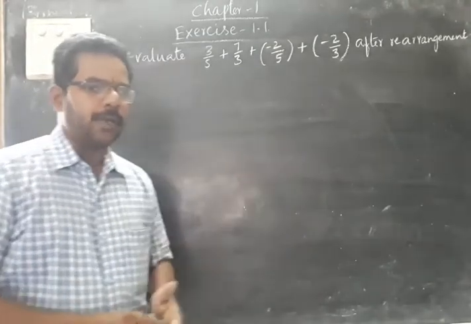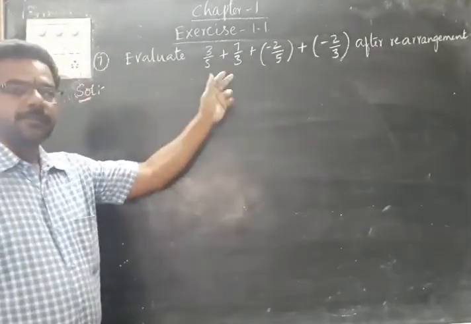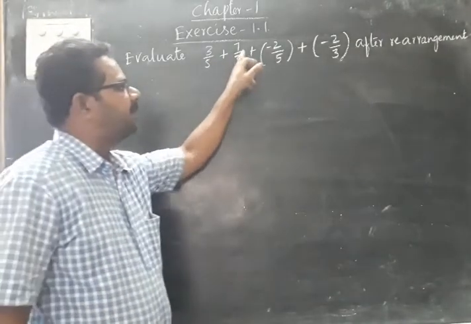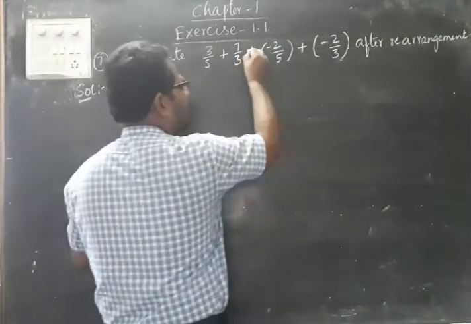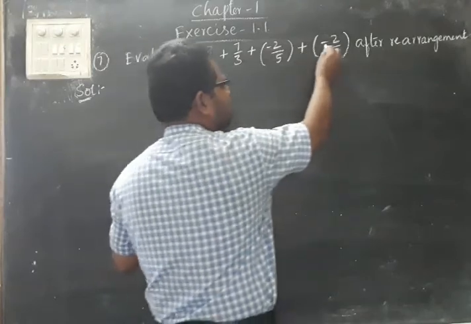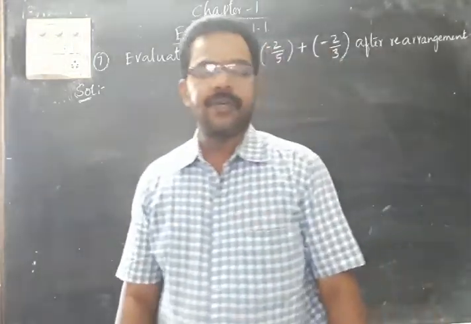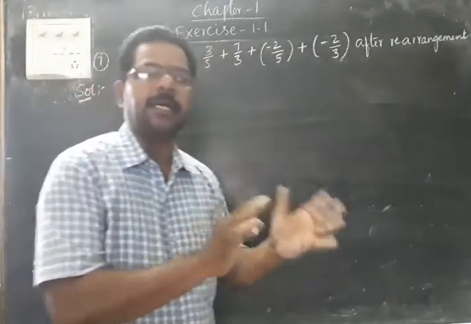So now we are going to the next question, 7th question. Evaluate 3/5 + 7/3 + (-2/5) + (-2/3) after rearrangement. After rearrangement means we have to rearrange the terms.